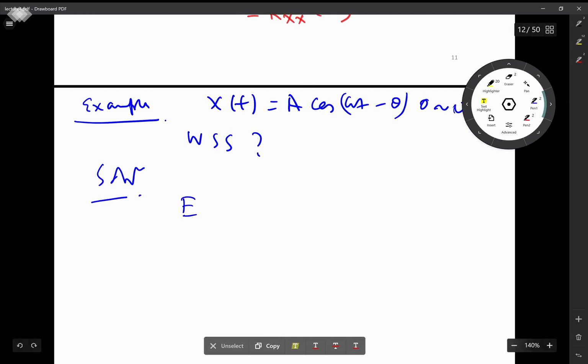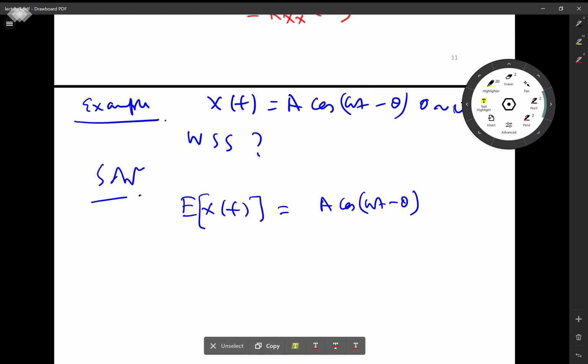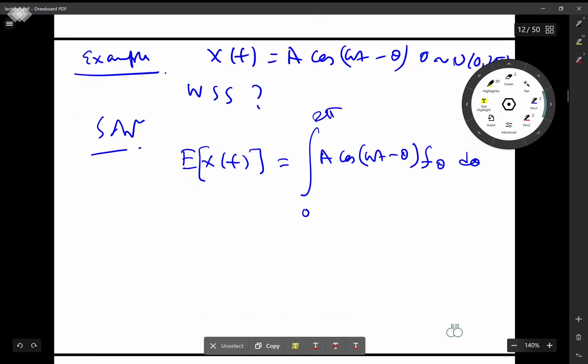The expectation of X(t) over the ensemble will be the expectation of A cos(ωt − θ) at any time t, and we have the distribution of θ, which is f(θ), then dθ, and we integrate between 0 and 2π, because the distribution limit is 0 to 2π.